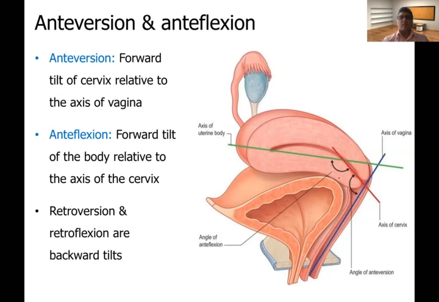If this is in the other direction like this, you can have anteversion and retroflexion, or you can have the total angle in that direction, so you can have retroversion and retroflexion. So based on the position, you can give the names based on these two angles. So if someone asks, what is the normal position of the uterus? You have to say anteverted and anteflexed.